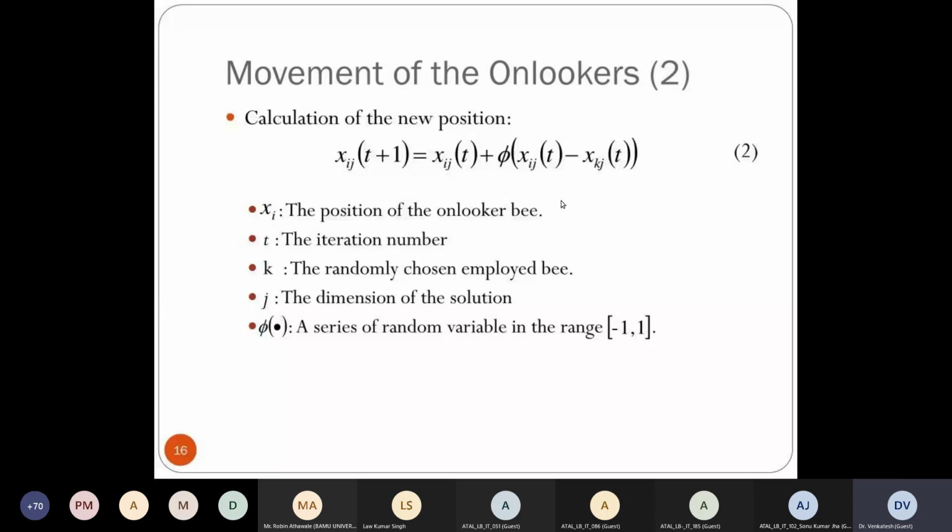So we should keep on iterating until we meet a termination criterion, whether it is maximum number of iterations or execution time, or a certain solution value, a certain fitness value, that we are able to find.